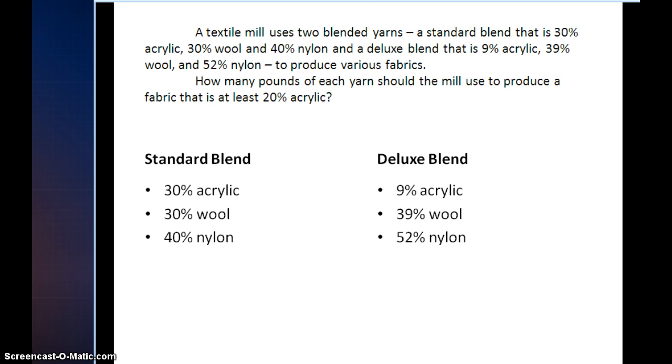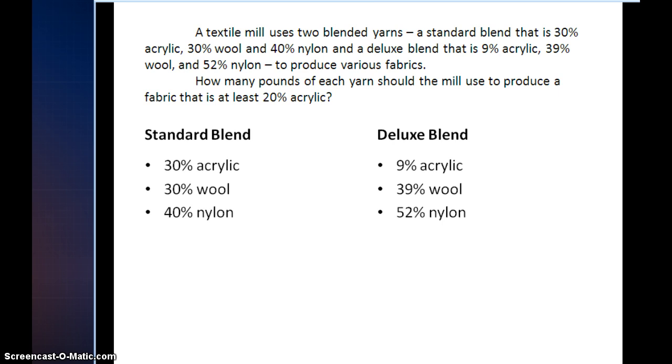So let me adjust my slide a moment there to have a little bit more room to work. And what I read in this problem is that I'm to have at least 20% acrylic. So I really need this one brand, and I'm going to pick standard brand because it came first, to be my X. And that really stands for pounds because the question asked me how many pounds.